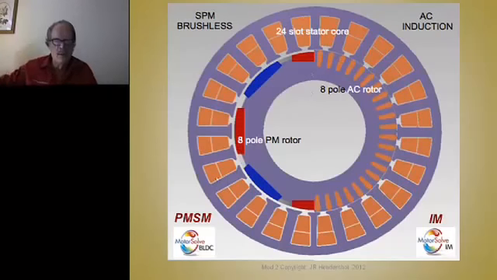So 4 bars are going to make a south pole, and the next 4 bars are going to make a north pole, just like you have the poles here. But the poles are not really there. They're created by the magnetic field from these bars that links with the poles created in the stator.